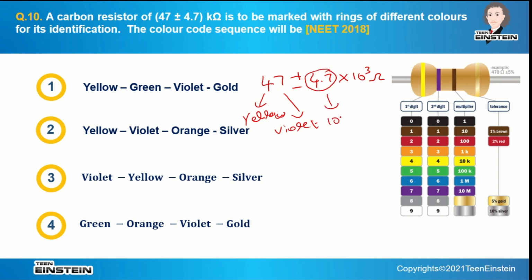The tolerance factor is 4.7, which means around 10 percent, and 10 percent means it is silver. The next one is the multiplier 10 power 3, 1k, so it will become orange.